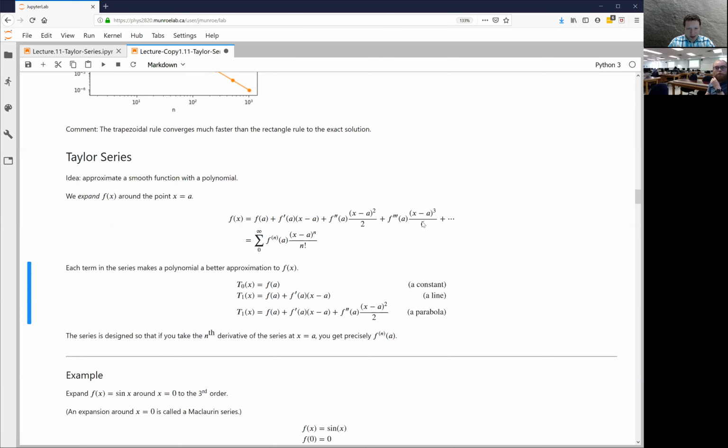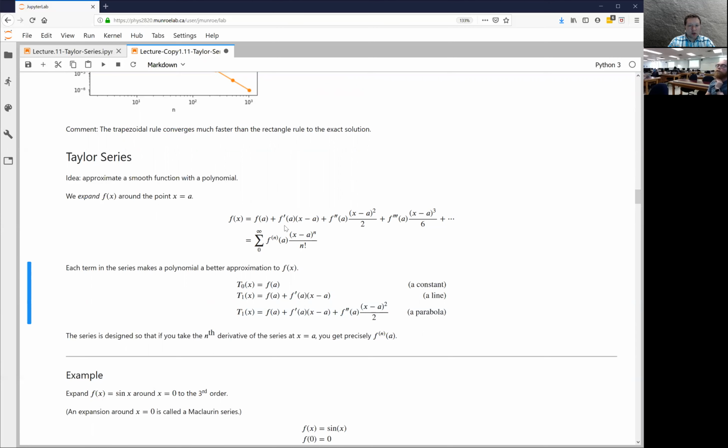So if you evaluate this thing at x equals a, what you're going to be left with is the derivative f prime of a, or f of a. If you differentiate this thing, then you'll be left with the derivative of f prime when x is equal to a is equal to f prime of a. So this polynomial is exact for every derivative.